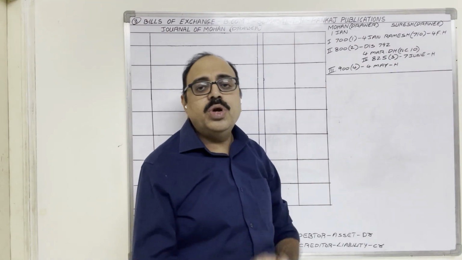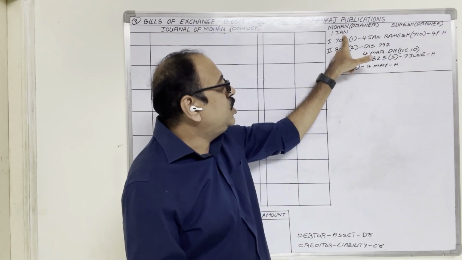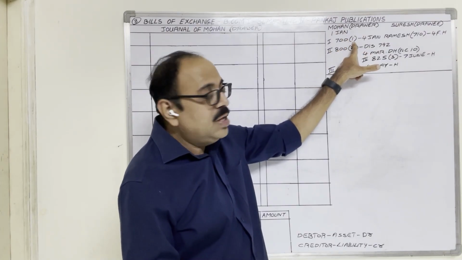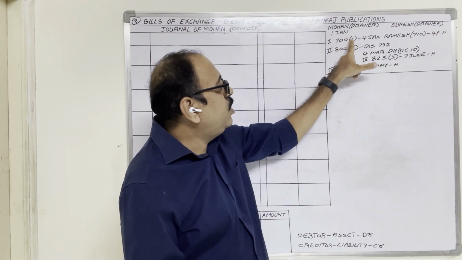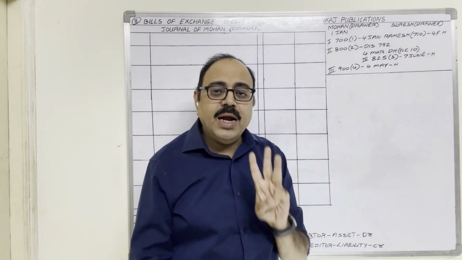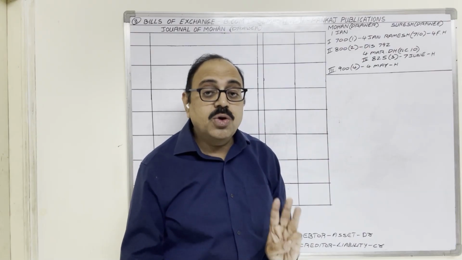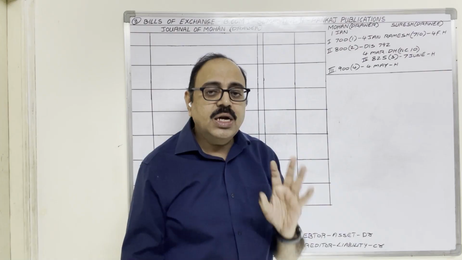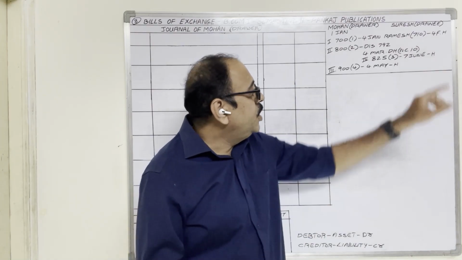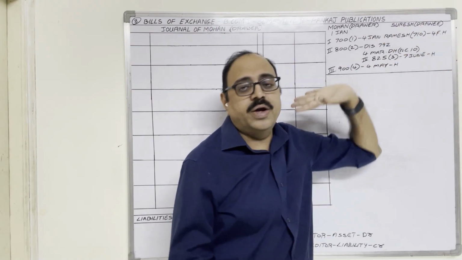And on the due date of this bill: the first bill is prepared on 1st January, duration is 1 month. So from 1st January, 1 month means 1st February. To this date, we have to add 3 extra days because this is a bill of exchange. These 3 days are known as grace days. So 2nd, 3rd, 4th. Then the due date is 4th February. On that day, the bill is honored.